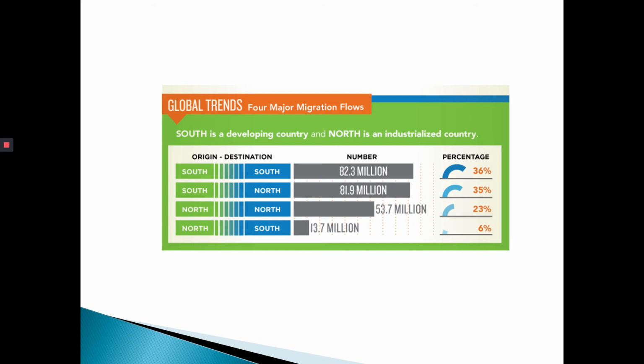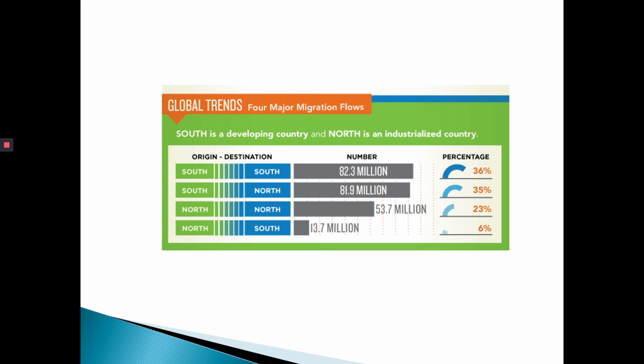If you're moving from a developing country to an industrialized country, that is called south to north. So if you are moving from Somalia in Africa to Australia, that's considered south to north, because Australia is an industrialized country. Now you'll notice there's a much smaller percentage of individuals going north-south from industrial countries to developing countries.